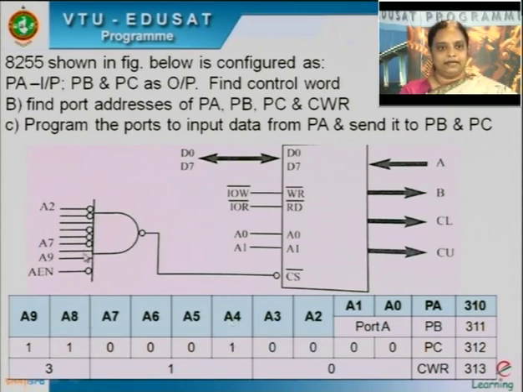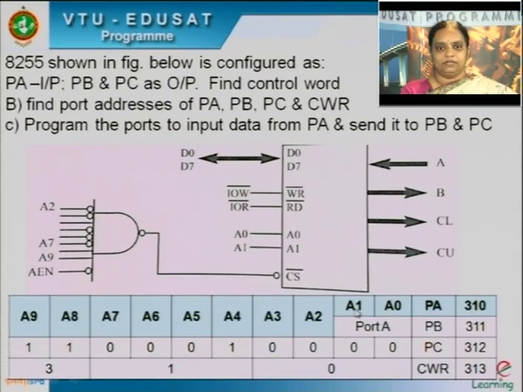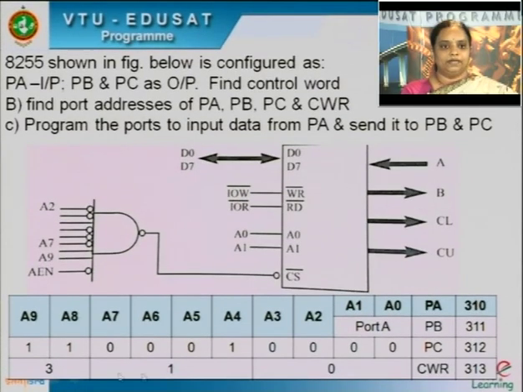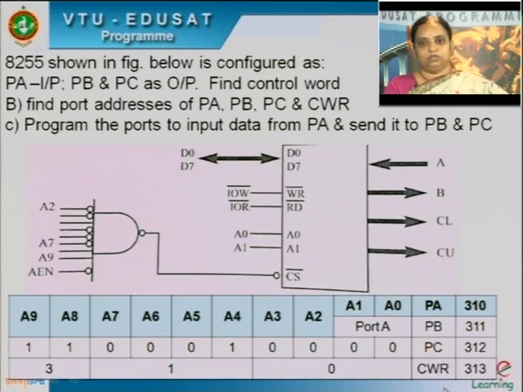Similarly, A8 and A9, the last 2, are 1, 1. Club 4 bits together, including A1 and A0 as 0, 0. So this becomes 0, this becomes 1, and this becomes 3. So the base address PA is 310. The rest follows. PB is 311, PC is 312, and so on.